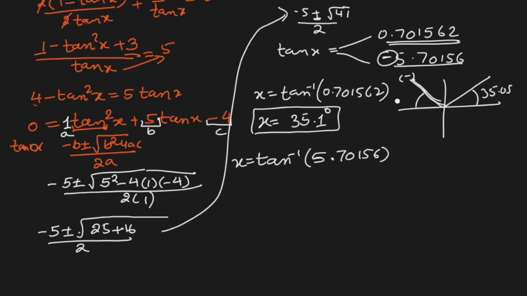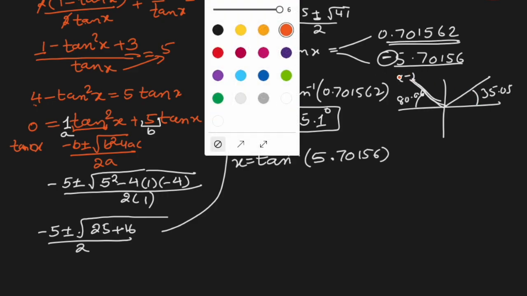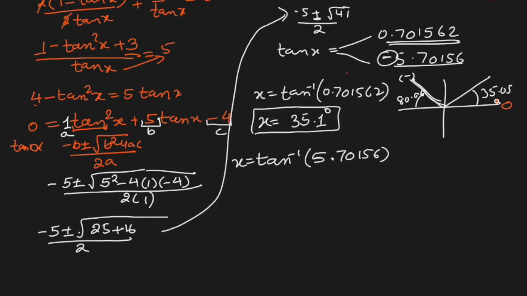I got this as about 80.06. So we know this is not our answer. We always calculate from 0. That's why it was 35.05, because it was from 0. So the second answer will be from here till here. So 180 is this line, 80.06 less than 180 will be our answer.